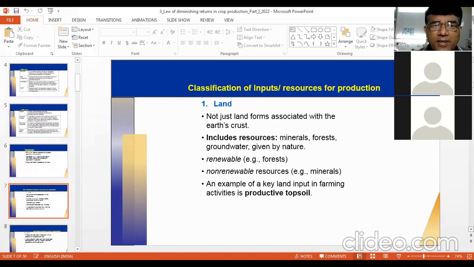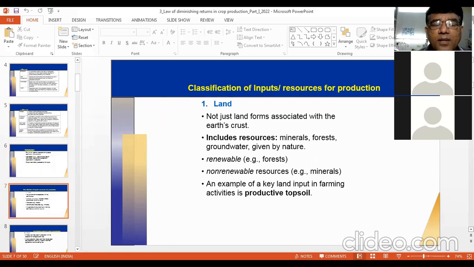Now, what is land? These are resources in production. So it is not just land forms. It is not just hills, flat land, mountains, or some other forms of the land. It is not just associated with the earth's crust, but it includes resources like minerals, forest, even groundwater.